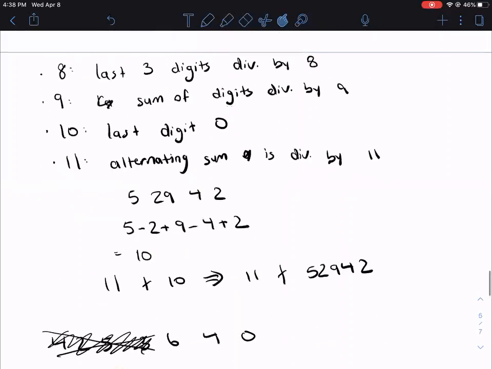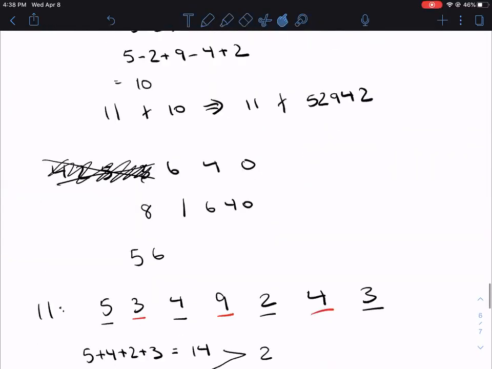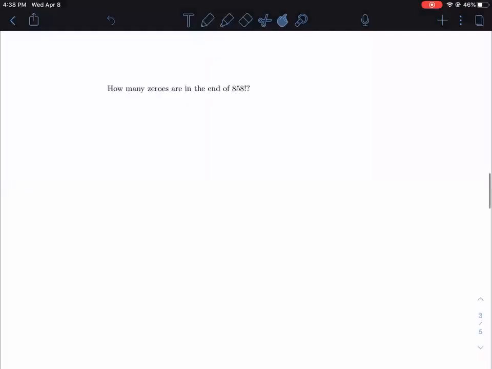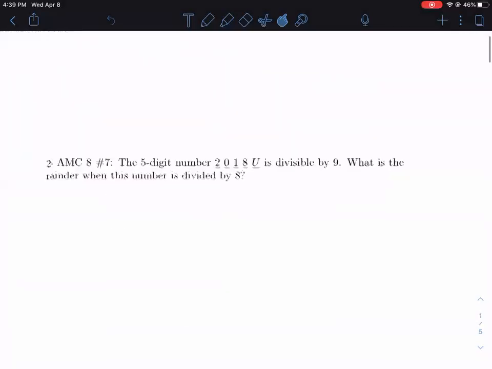Adam, the one for 6 is that it's divisible by 2 and 3. Okay. So now we're going to go over a few problems. I have them here. All right. This is the first problem.